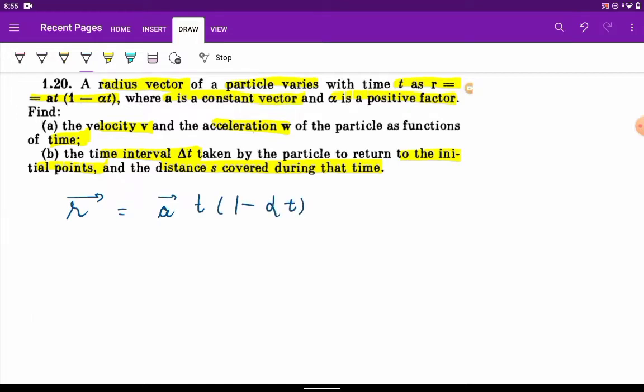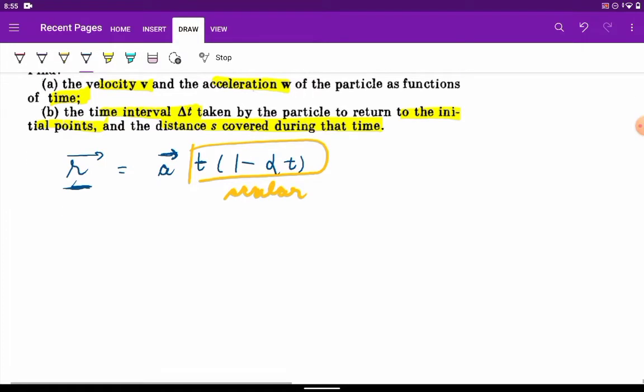Now one thing to notice here is that this whole thing over here is a scalar, right? So what that means is that r is always in the direction of a, either in the direction of a or opposite to a, but it is always aligned.